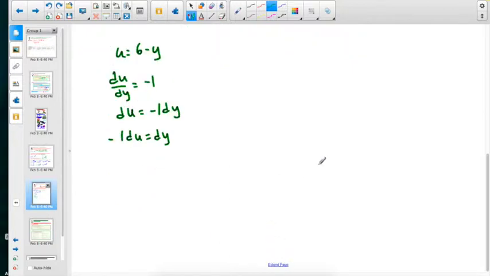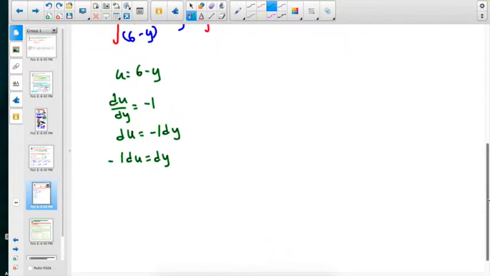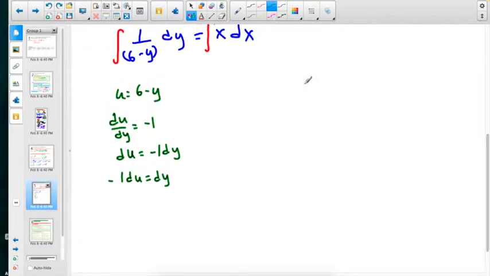And so we end up then with an expression that looks like the antiderivative of 1 over u. So we're going to have 1 divided by u times negative 1 du on the left-hand side.